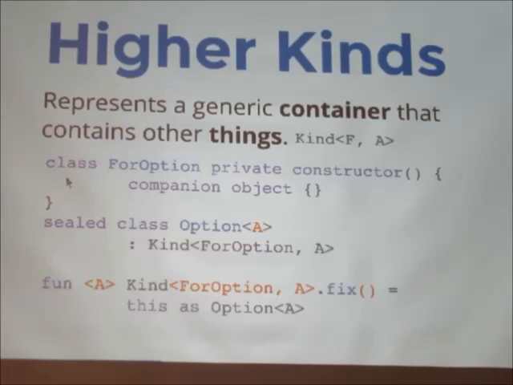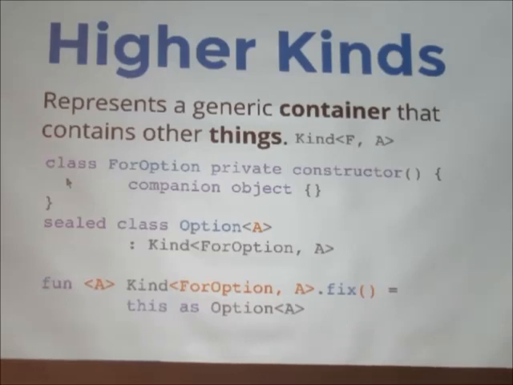So this is actually the code that Arrow uses to write option. We see that we have a surrogate class called forOption that, for all intents and purposes, you never usually see. Well, you see it, but it's hidden behind the actual option type. And then we have a sealed class option, which implements kind, for option comma a.